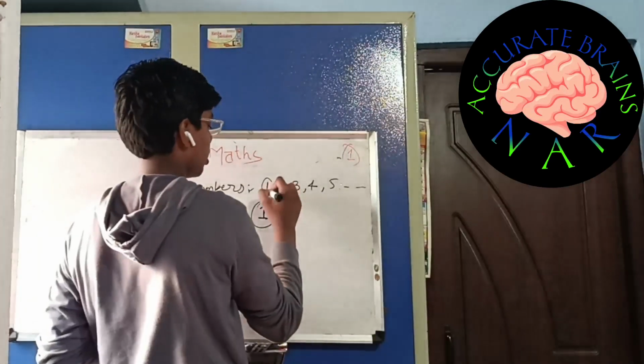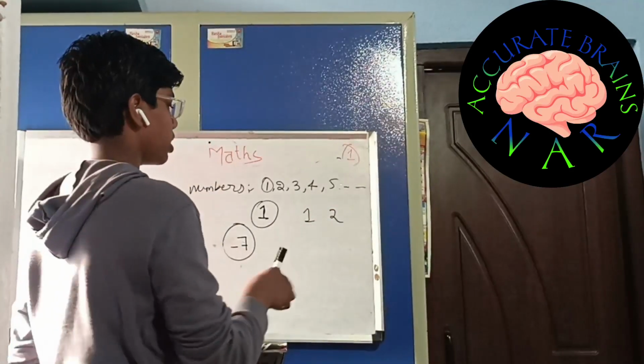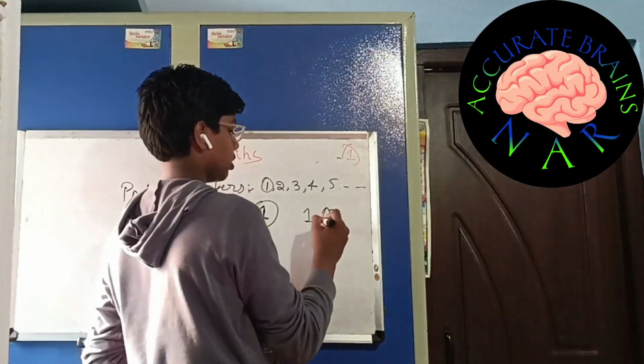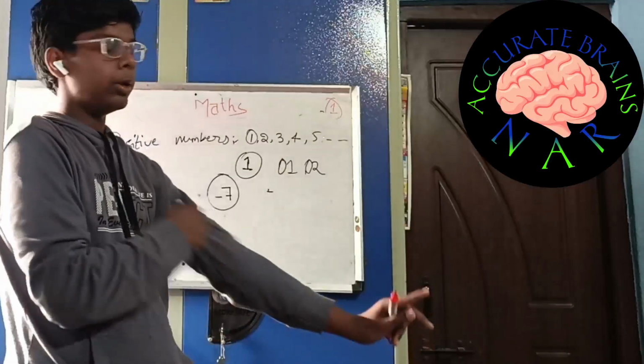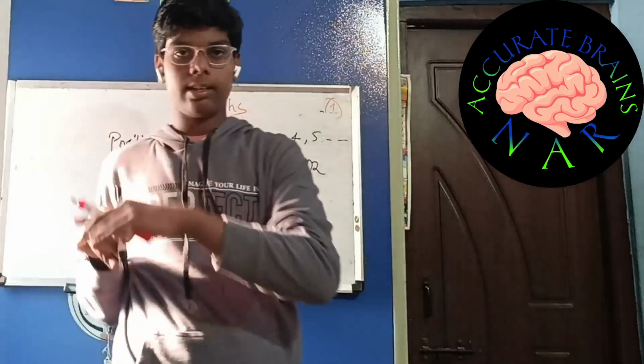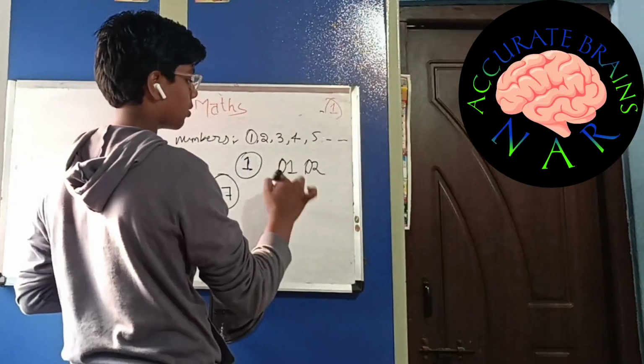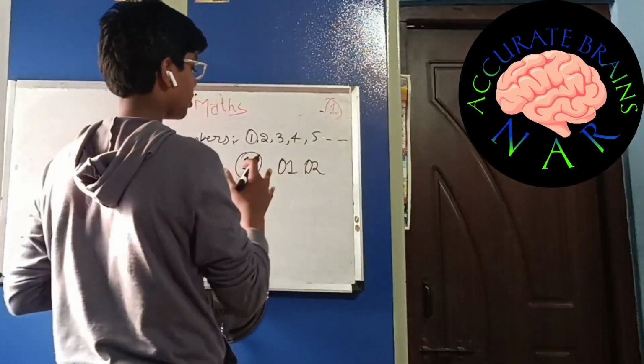So here we have to remember a point. If we take 1 or 2, there are no signs in front of them.